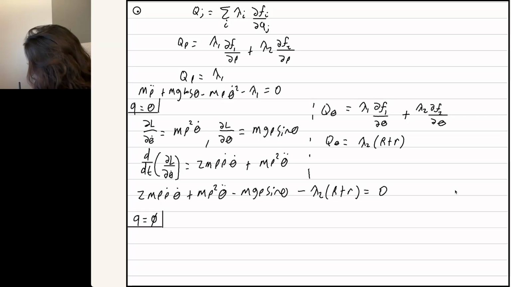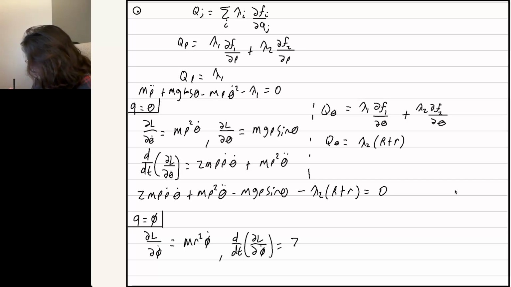Moving on to phi. Del L del phi dot will be m r squared phi dot, and then taking the time derivative of that, I need to write this correctly.